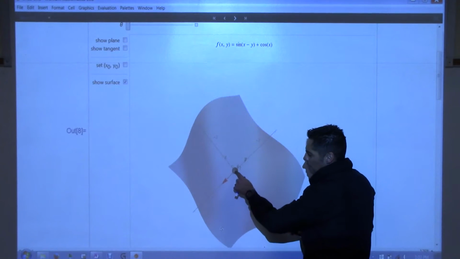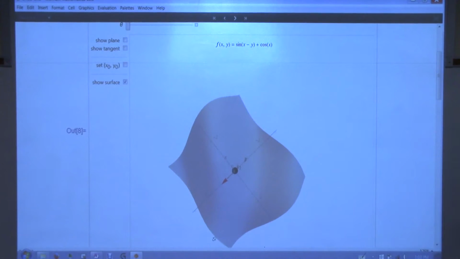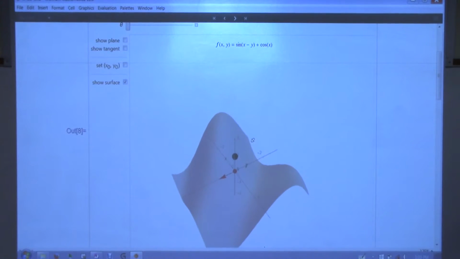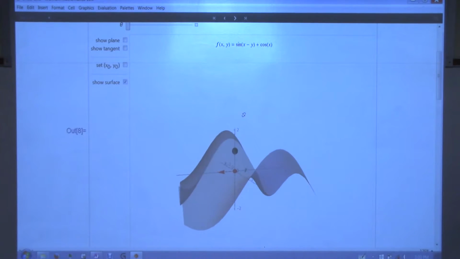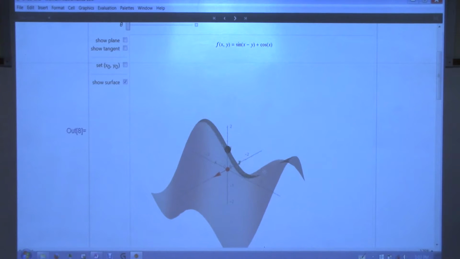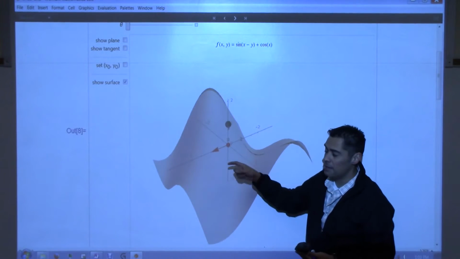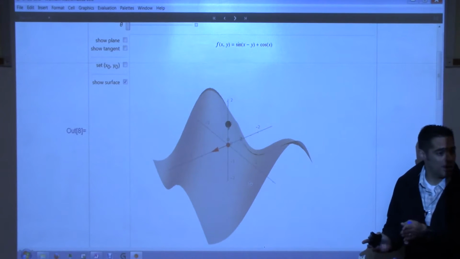I want you to notice that directly below this point, down on the domain, on the xy plane, I have that red point. And right now that red point is pointing down the x-axis.